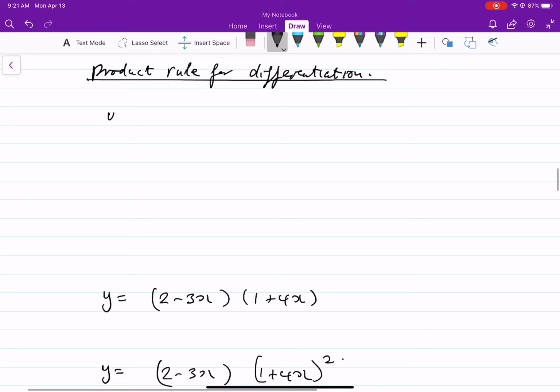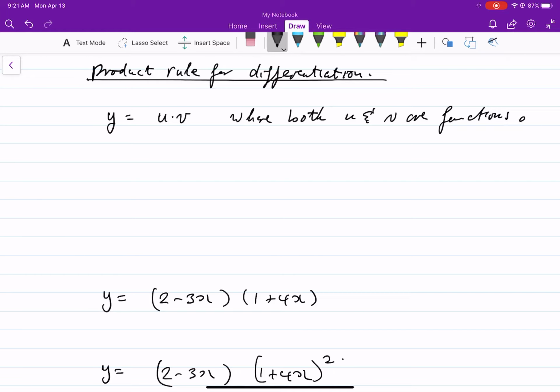If y is equal to u times v, where both u and v are functions of x, then to get my dy/dx, this is how I do it: v times du/dx plus u times dv/dx.